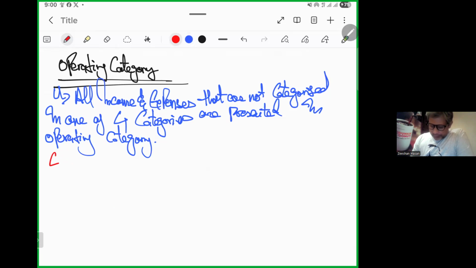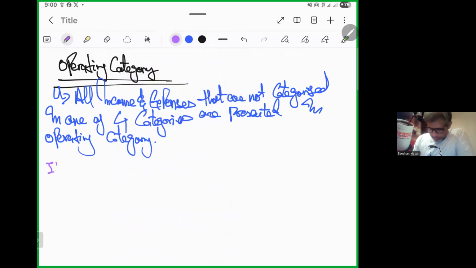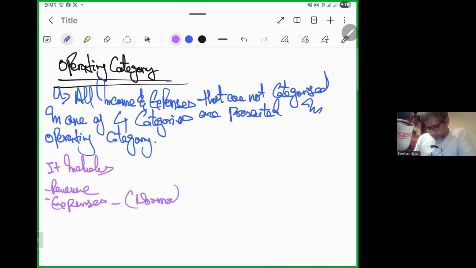So what does it include? It includes revenue and expenses that are normal trading activities.